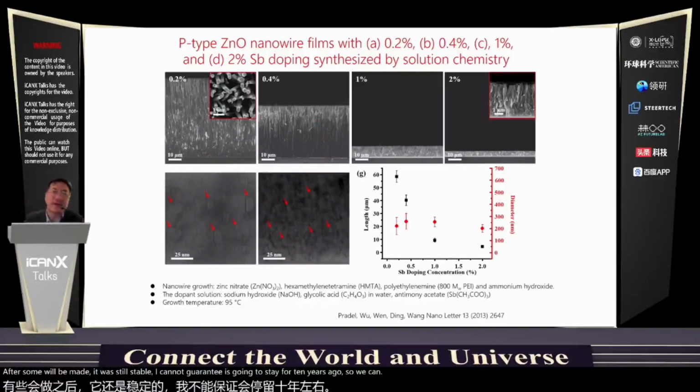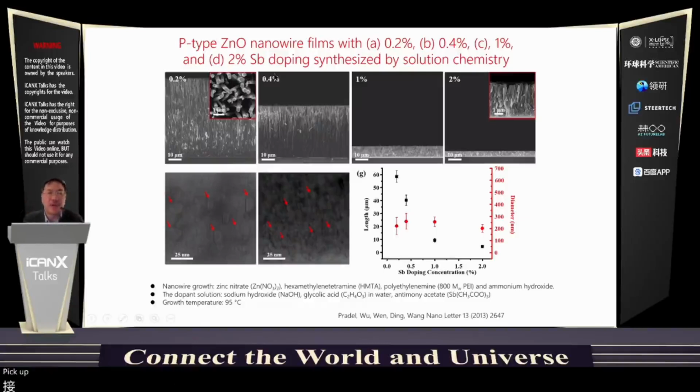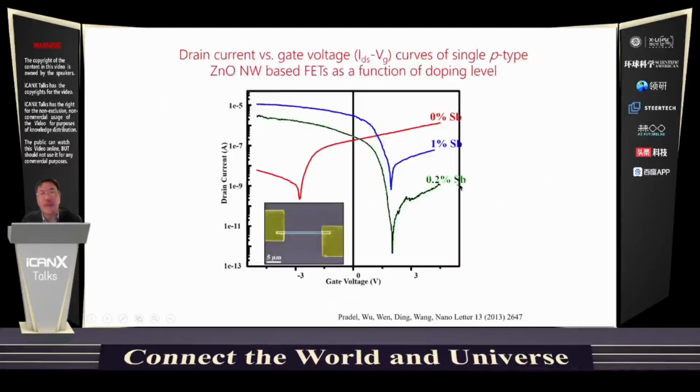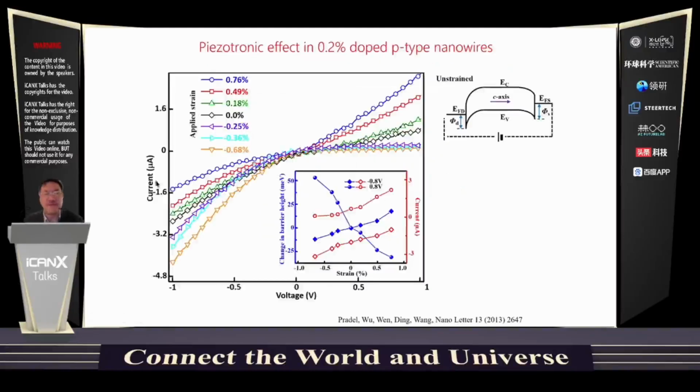So we can make p-type zinc oxide with antimony doping. From such doping, we can prove that the antimony-doped nanowire is p-type through the standard transport measurement. We can find the piezo-phototronic effect. Piezotronic still is preserved for the p-type nanowire.